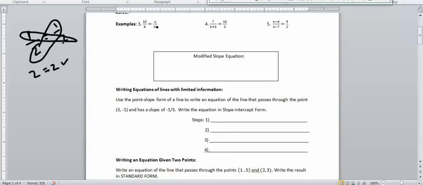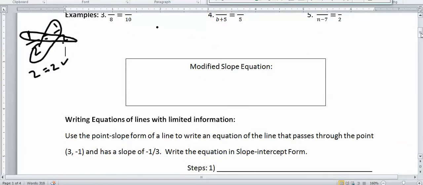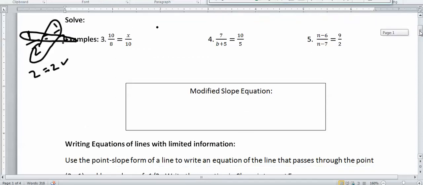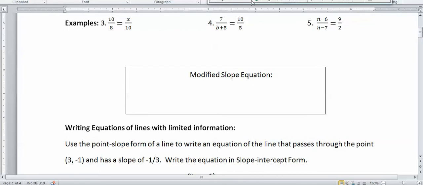Okay, so let me zoom in on this real quick. And so for this first example here, I'm going to cross the denominator 8 with the numerator x, bottom times the opposite top, and then 10 times 10. So what I end up with is now 10 times 10 equals 8 times x, and that is 100 equals 8x.